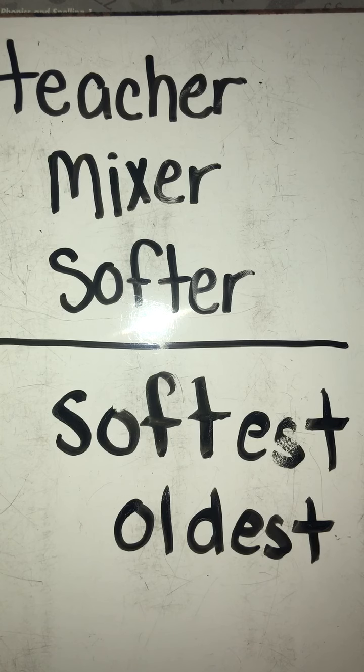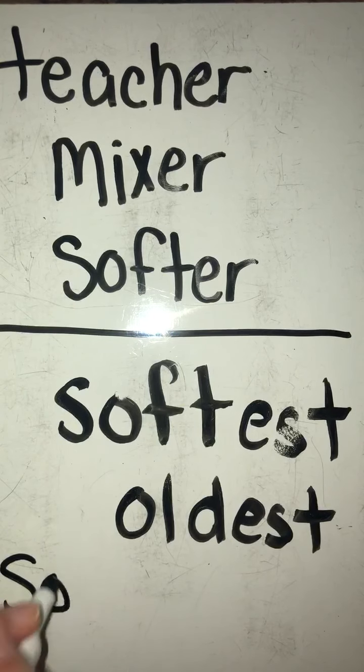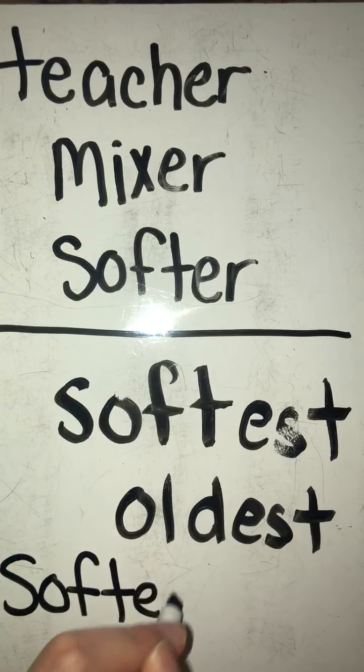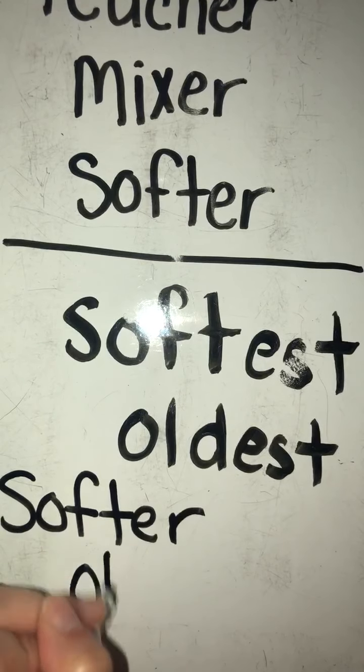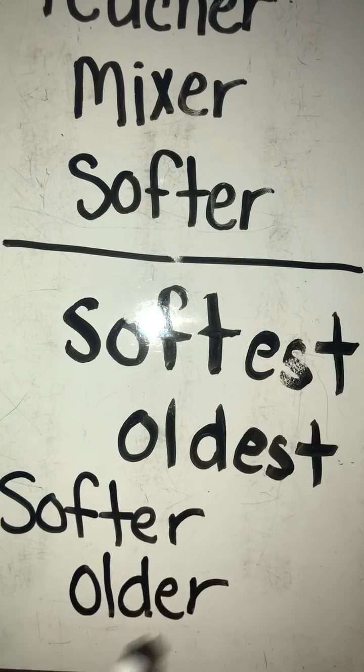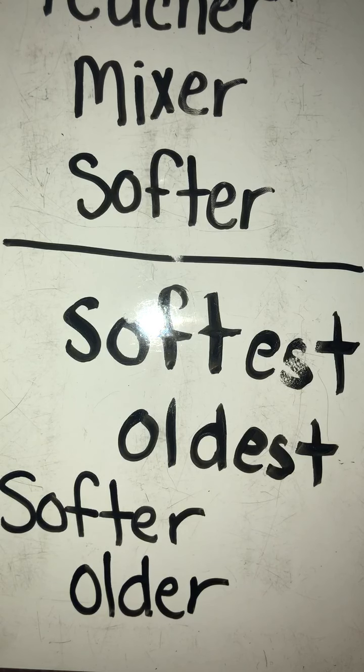Okay, suffix ER has a different meaning in these words. What do you think it means? Oh wait, I'm sorry. I forgot to write these down. Okay, now let's look at softer and older.